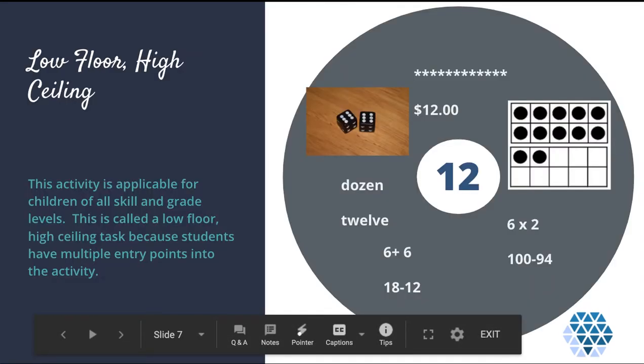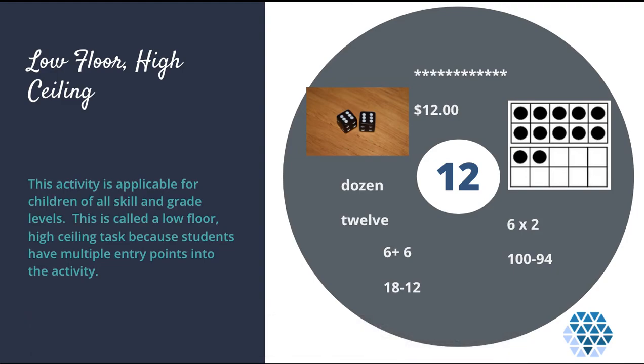So here's an example. If you're familiar with thinking maps, this is called a circle map, and circle maps are used for brainstorming. Here you'll see the number 12 in the middle, and then all around you'll find other representations of the number 12. We call this a low floor, high ceiling activity.